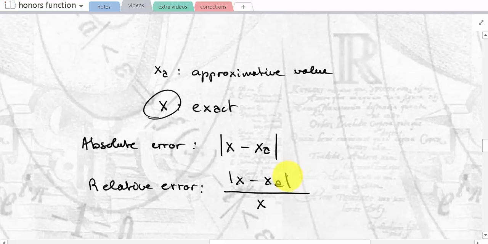So it's the error that you're committing for every unit of the exact value. For every unit of the exact value, you are making this error. And of course, if you multiply this by 100, you're going to get the relative percent error, okay? Relative percent error.